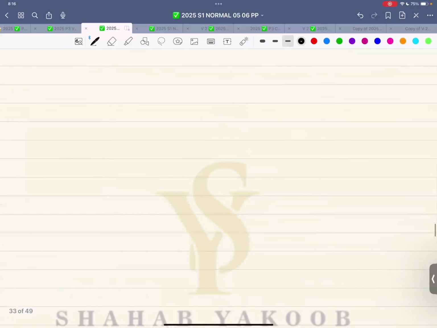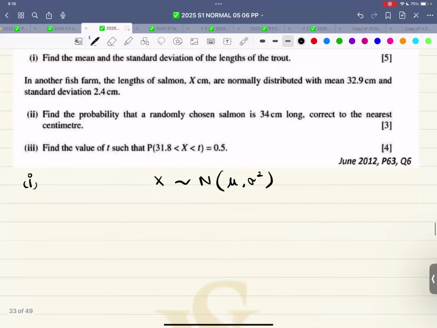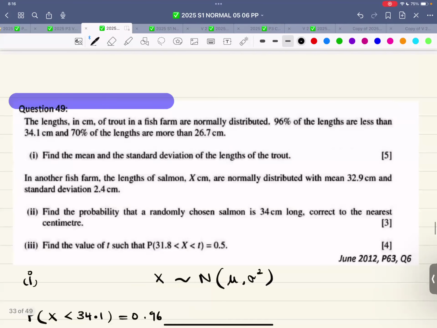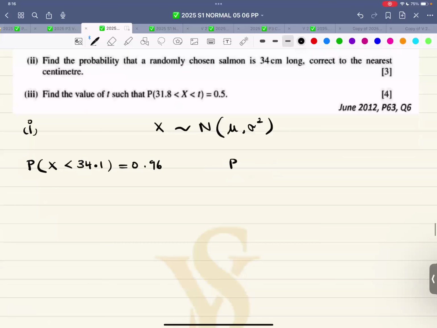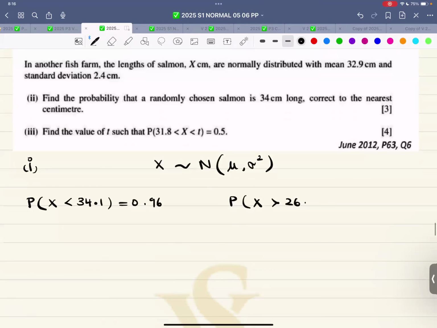Okay. Now the first thing I'll write for part one, X follows a normal distribution, mu, comma, sigma squared. 96% are less than 34.1: probability X less than 34.1 is 0.96. 70% are more than 26.7: probability X more than 26.7 is 70%.